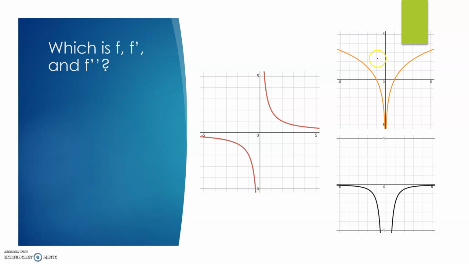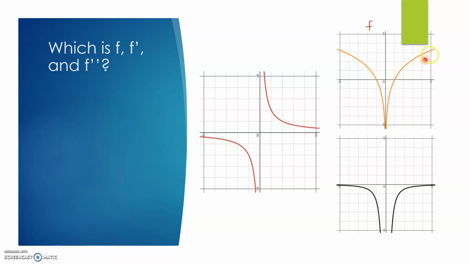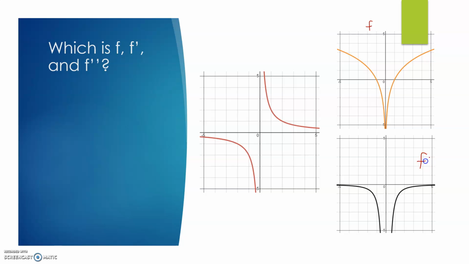So I might switch to another graph and say, what if this is a graph of f? If that's a graph of f, then I would expect its second derivative to always be below the x-axis, because this graph of f is always concave down when it exists. So maybe this black graph would be the second derivative.